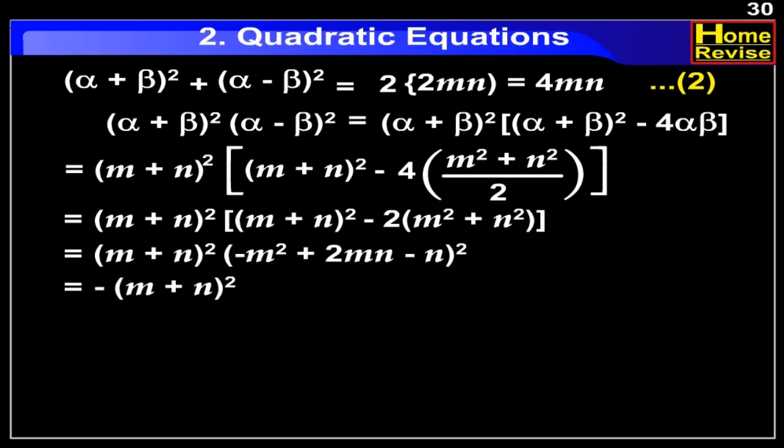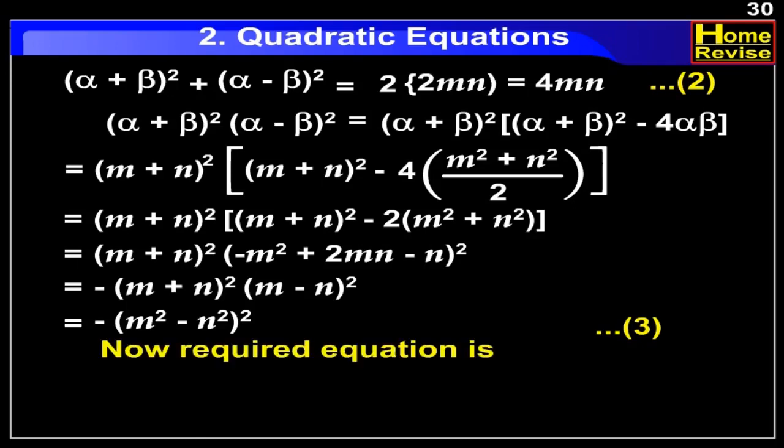Well, it is further equal to minus (m plus n) whole square into (m minus n) whole square. So it is equal to minus (m square plus n square) whole square. Let's put it as 3.